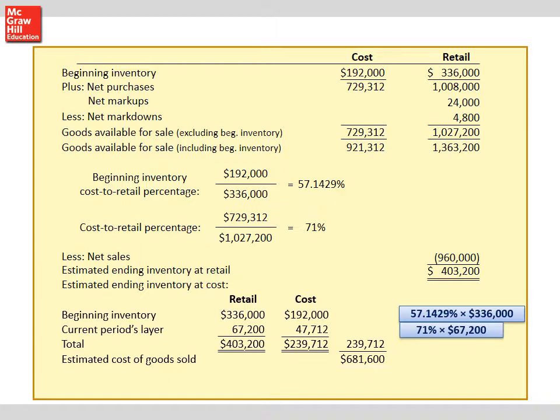Different approach because we're assuming last in, first out. So a lot of the purchases made during the year would have been removed under LIFO, or they should be removed.